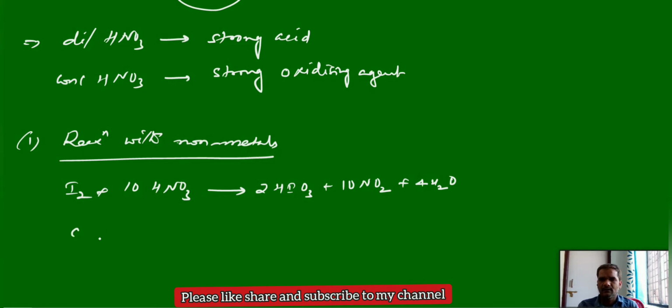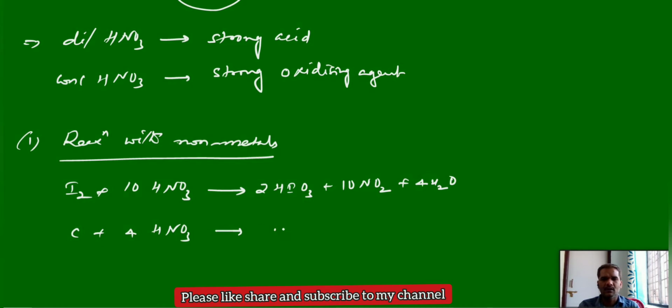Similarly, carbon, coke, also can be converted into carbon dioxide. All can be oxidized. Here nitric acid acts as a strong oxidizing agent. It can oxidize the non-metals into the corresponding acids, with a higher oxidation state. For example, iodine from the 0 state to the +5 oxidation state: it can oxidize I2 to HIO3.